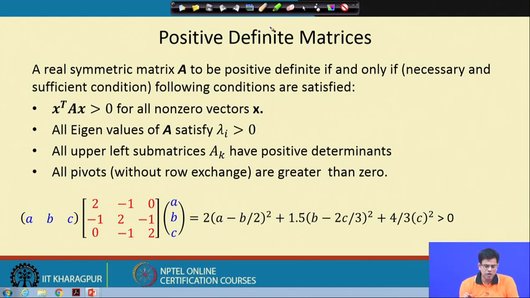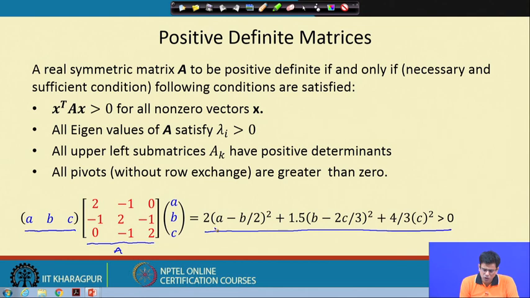For the first condition, there is an example. Let us say a, b, c are the elements of a non-zero vector. If I transpose that vector, multiply with the matrix A, and then again multiply with that vector, then we obtain an expression like this. This is a scalar.